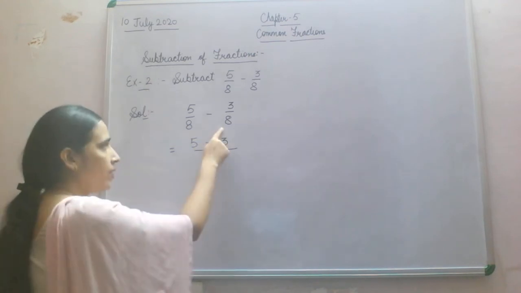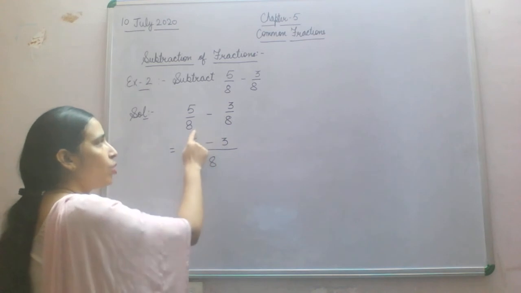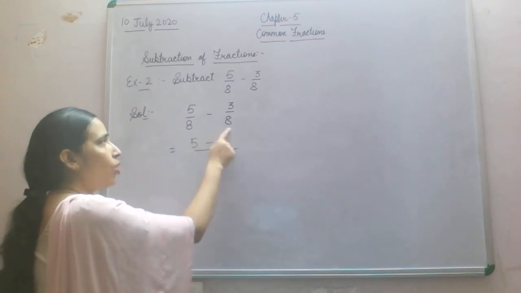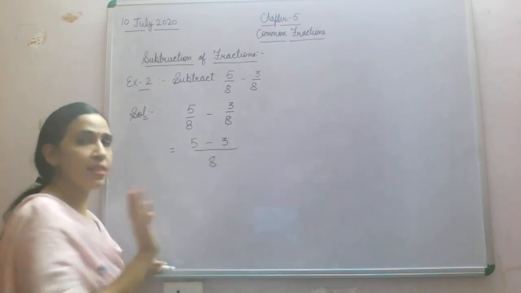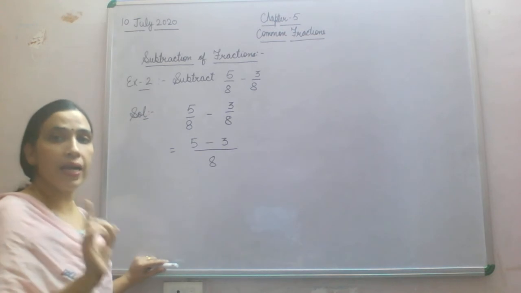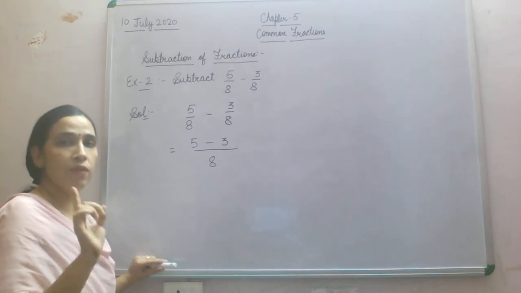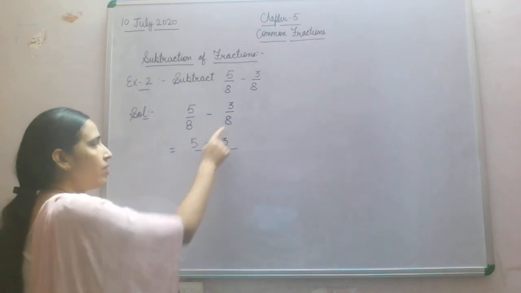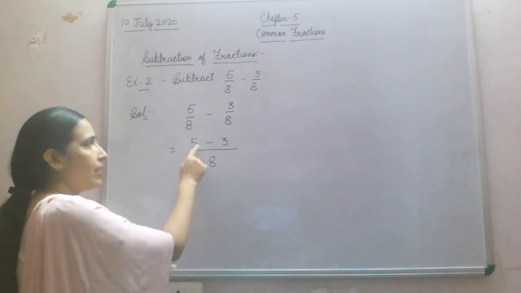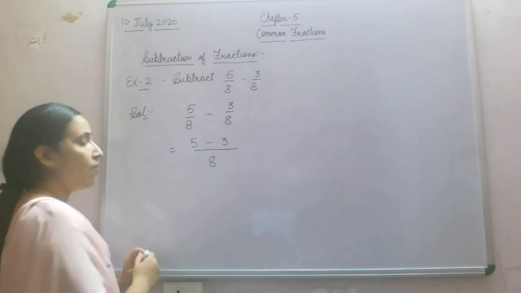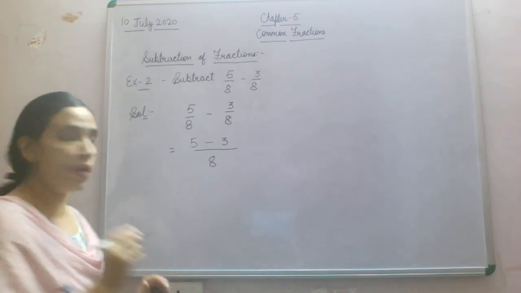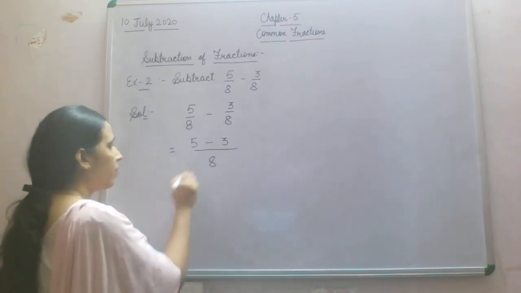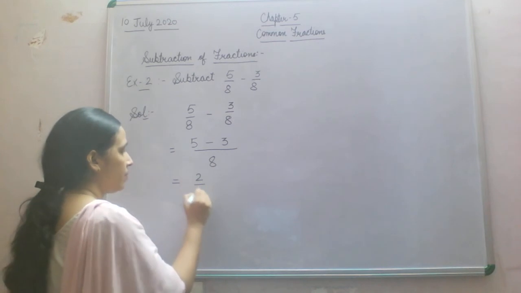That we have written. After that, because the denominator of both fractions is the same, we will write the denominator only once. So we have written 8 here and then 5 minus 3. After doing the subtraction, what will we get? We will get 2 by 8.